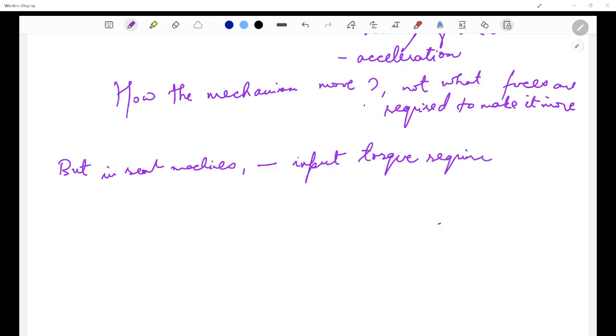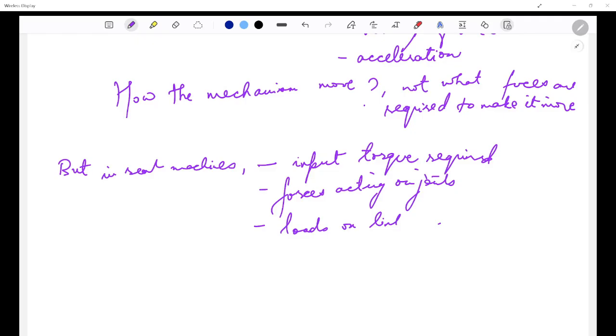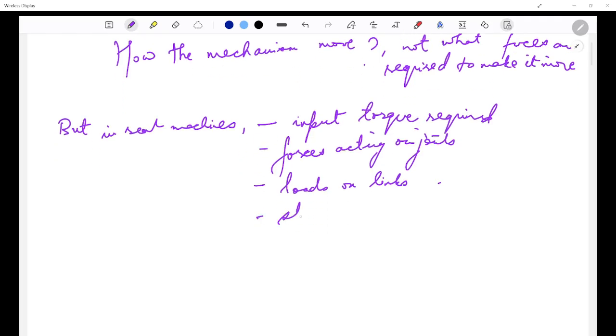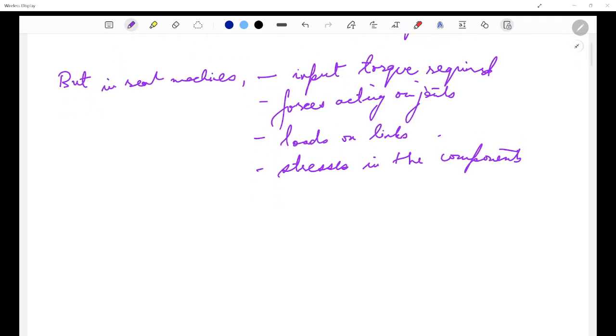And we need to know what are the forces acting on the joints. And we need to know what are the loads on links. And what are the stresses in the components, it should not break. Okay. So without knowing forces, we cannot design the mechanism structurally.